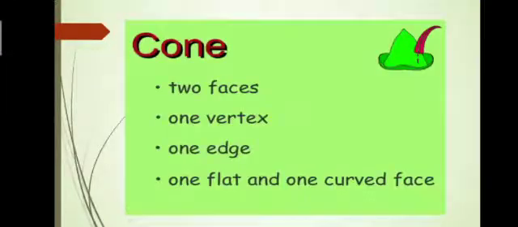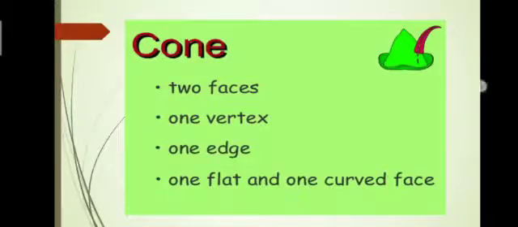A cone has one vertex, one edge and 2 faces. One face of a cone has a curved surface. The other face of a cone has a plane surface. Students, the edge of a cone is also curved.